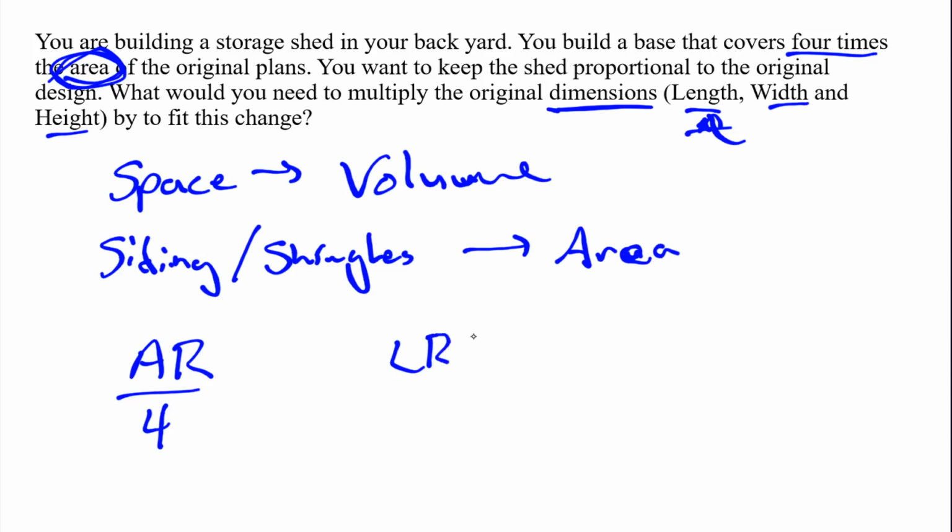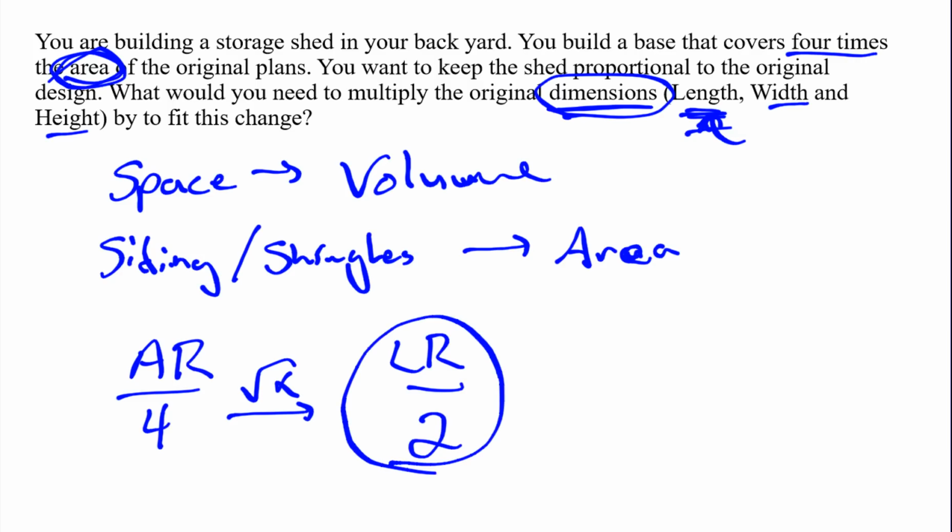What is your length ratio? Because we're trying to find the dimensions or the length. How do you convert from area to length? We square root it. So if you want to build a base that covers 4 times the area, that means you need to take your dimensions and double them all. That's going to give you that base that is 4 times the original area.